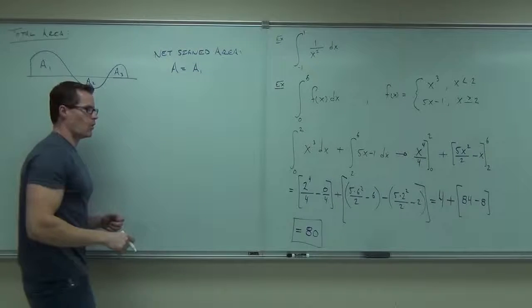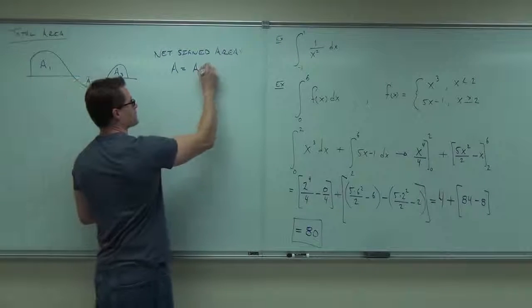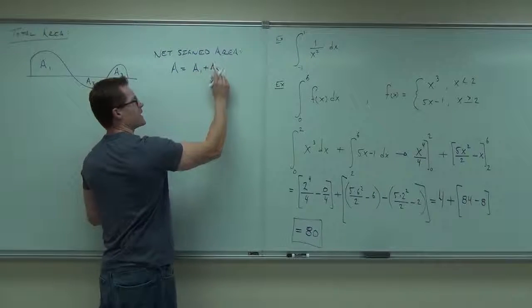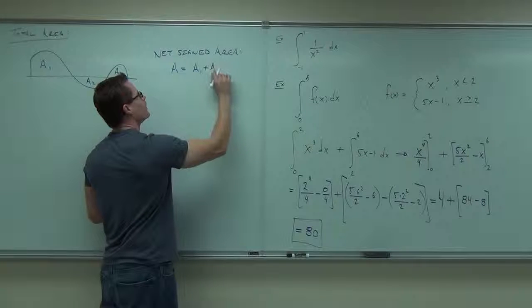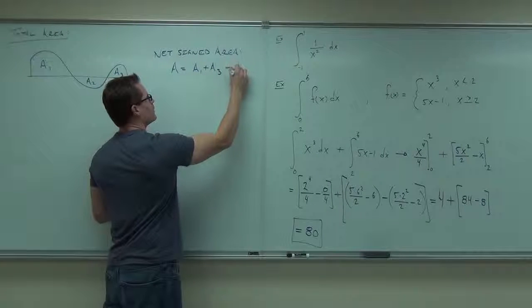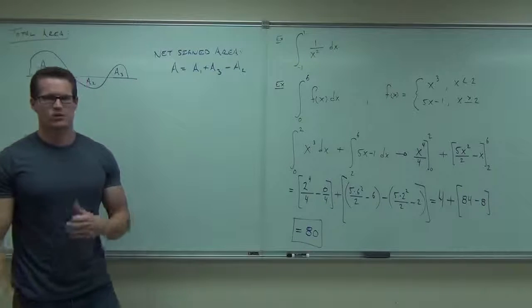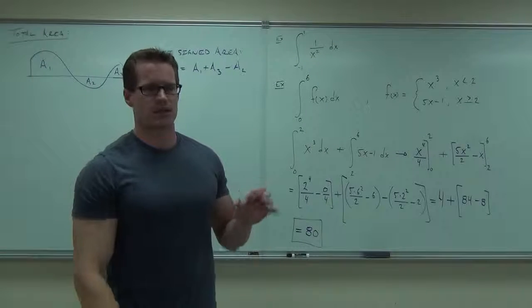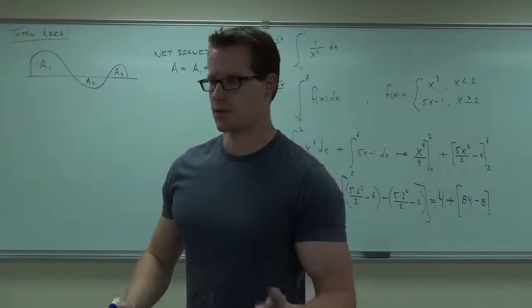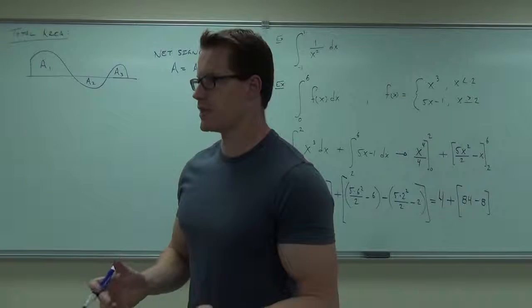You took the area 1, you took the area 3 because it was above the x-axis, and you subtracted area 2 because it was below. That is what your definite integral will do automatically. Without asking you, it will do that.